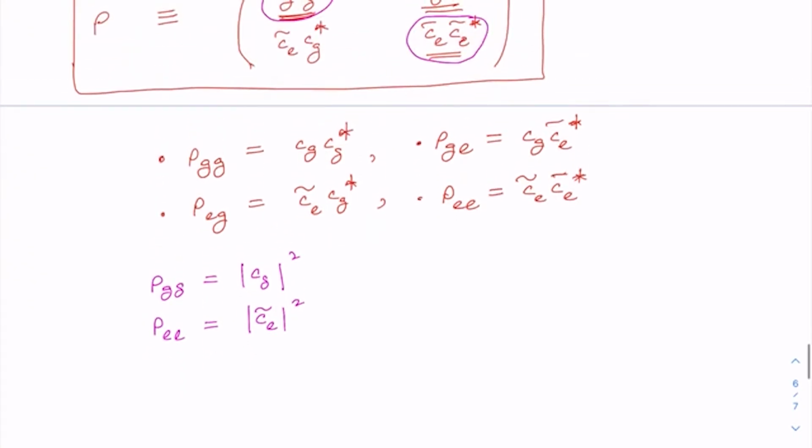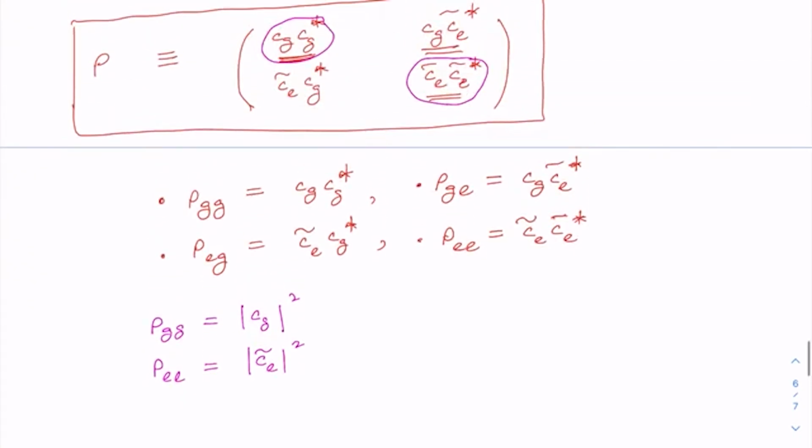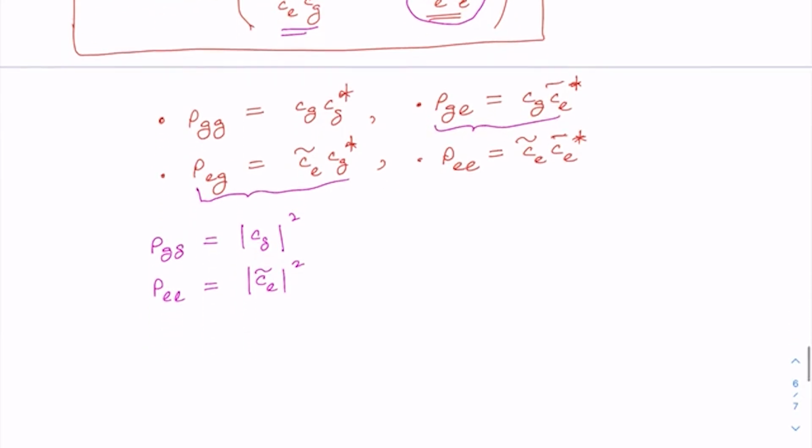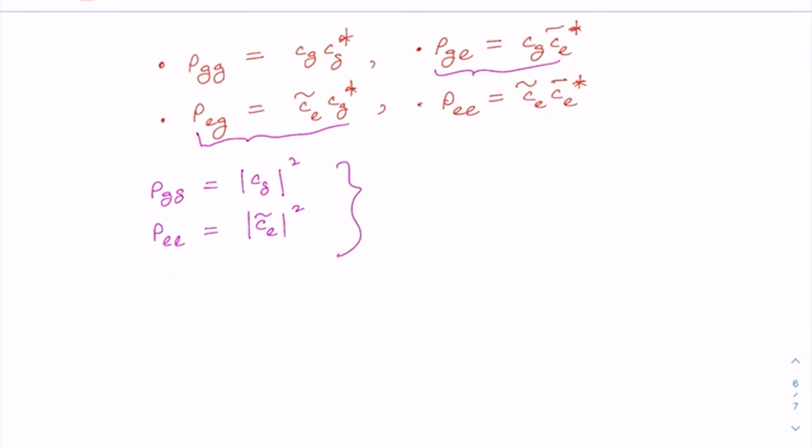And the off diagonal terms represent the coupling between the ground state and the excited state, and they are called coherent terms. These are termed as coherences. So these are called populations.